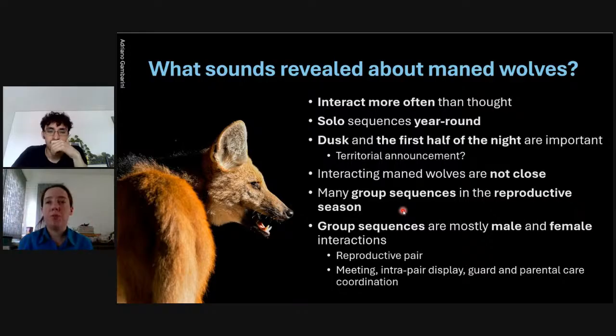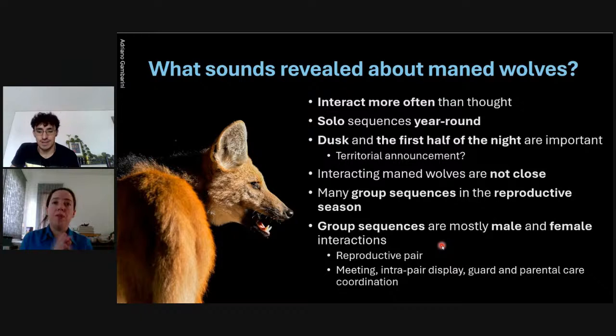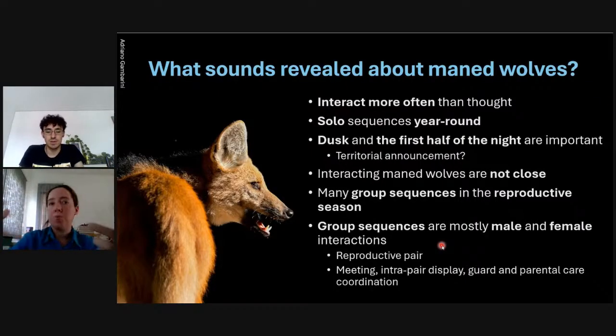We have many group sequences in the reproductive season, and group sequences are mostly male and female interactions, which indicates that it is the reproductive pair, and it could be for them to mediate their meeting during the breeding season, can be an intra-pair display, can play a role in mate guarding, and also in parental care coordination, because if they are not together, close by at least, they need a way to manage all those behaviors.